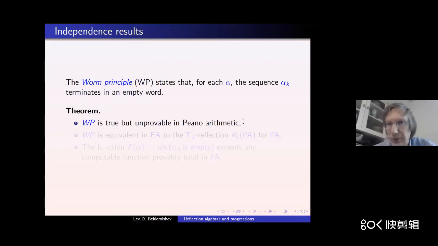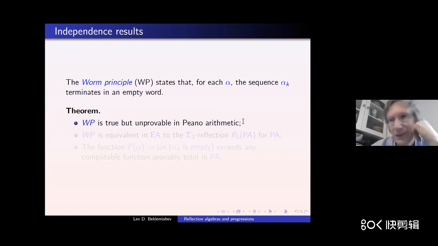And that's already a pretty significant statement, because we know that a great many mathematical results, especially dealing with finite combinatorics, they all are formalizable in PA, in contrast to this one.